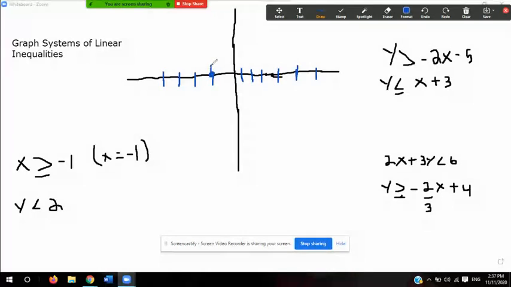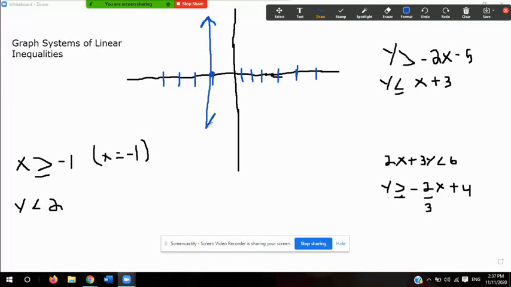So I graph my vertical line, to be exact in this case, without dotting it, because x is greater than or equal to -1, suggesting that -1 is part of the answer.